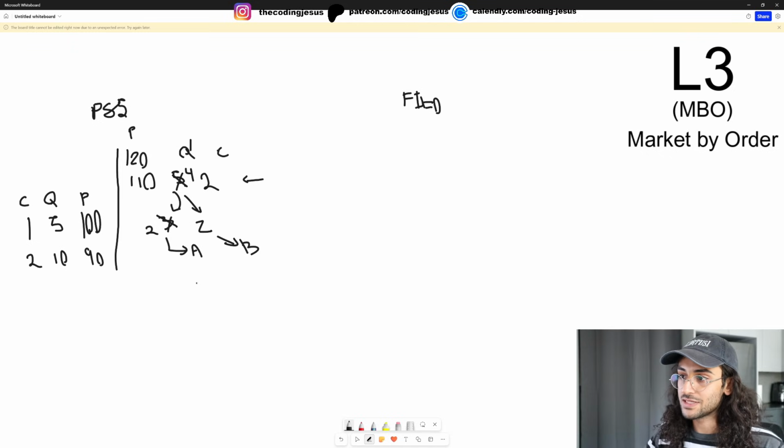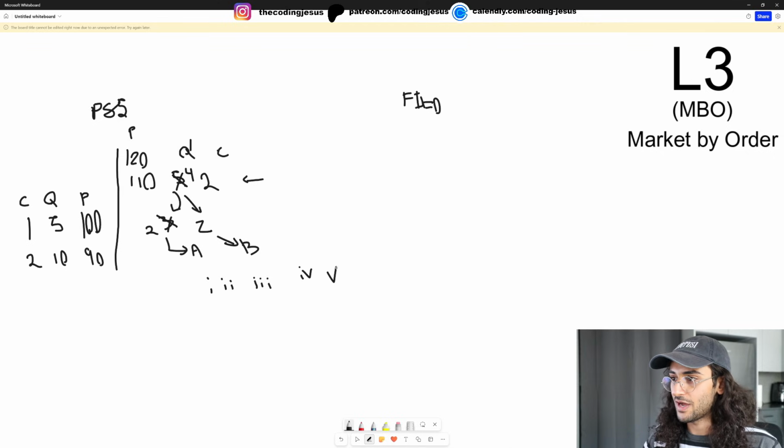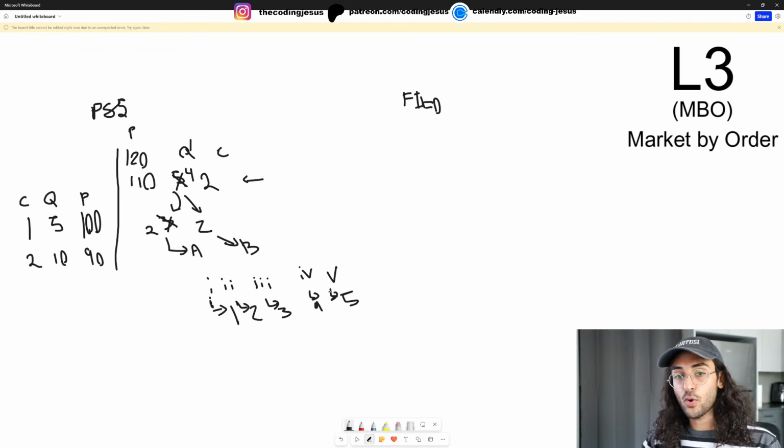If you think about it, if there are 5 orders, order 1, 2, 3, 4, and 5, then this person might be given a Q priority identifier of, for example, 1. This guy will be given a Q priority identifier of 2, 3, 4, and 5. And this Q priority has a lot of trading implications, which we'll see why soon.